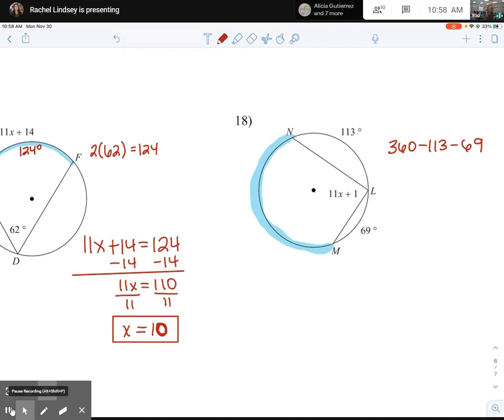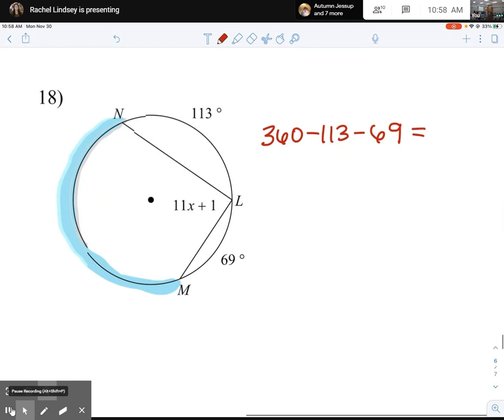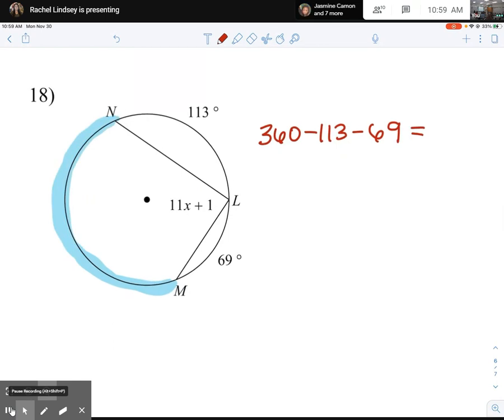Subtract those from 360. What does that give you? 178. So this blue arc is 178. And then divide that by 2. And that'll give you what 11x plus 1 should equal, which is 89.